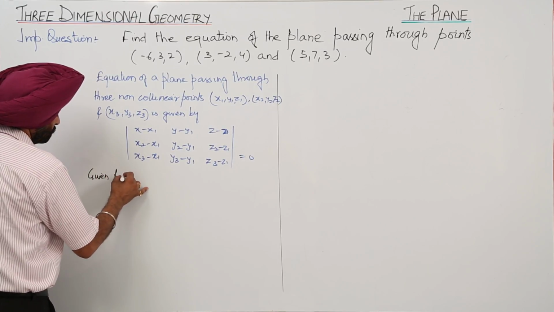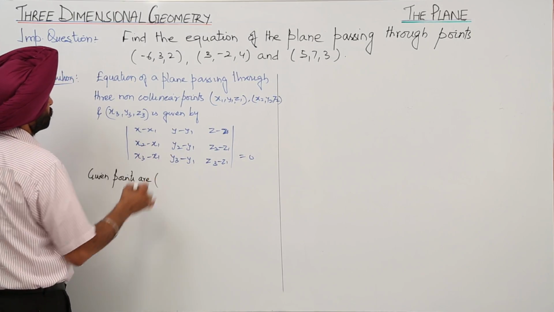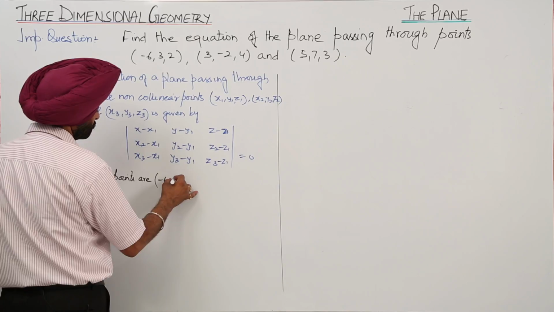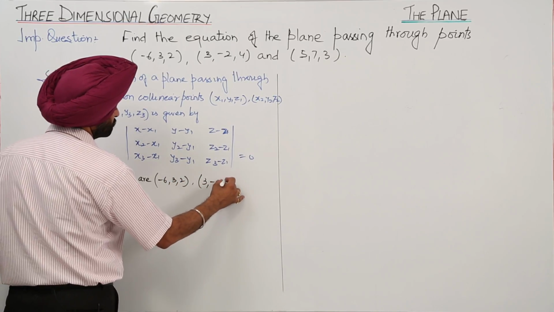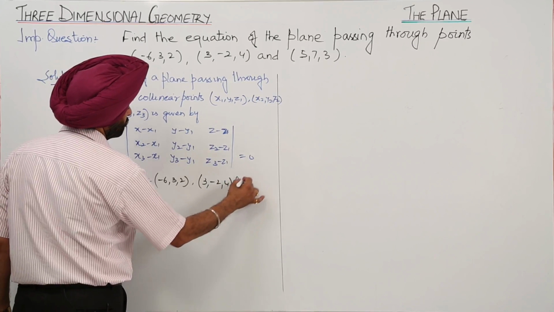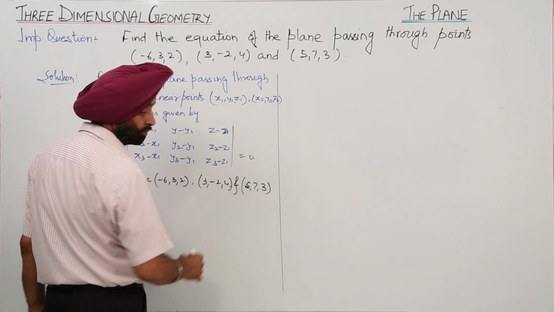The given points are minus 6, 3, 2; 3, minus 2, 4; and 5, 7, 3.